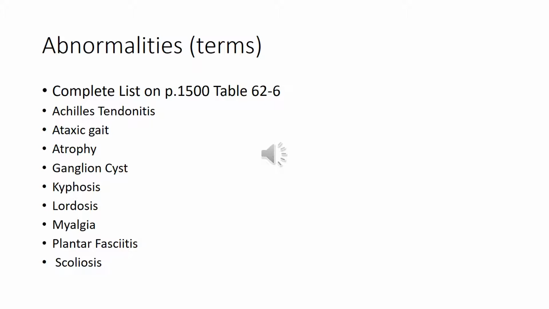Ganglion cyst is another one. It's a small fluid-filled bump or mass over a tendon sheath or joint, usually on the dorsal surface of a wrist or foot. And that's just inflammation of tissues around a joint. It can increase in size or it could even disappear.